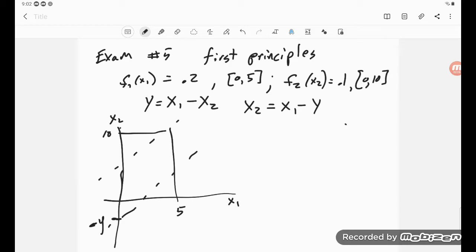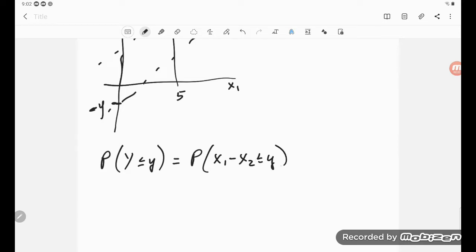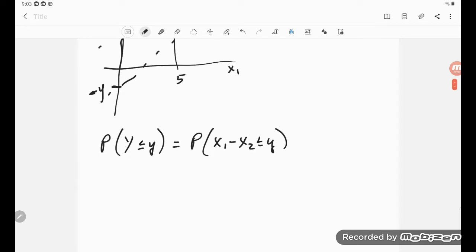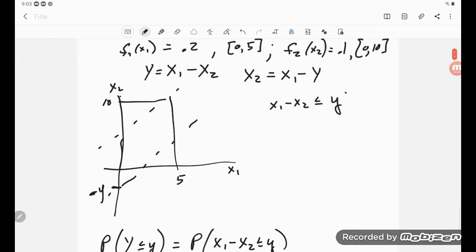Okay, and if we're looking at x1 minus x2 is less than or equal to y, because again what we want to do is first come up with this x1 minus x2 less than or equal to y, and so that will become our integral. Then what we see here is that that inequality is looking this direction. So it's all that shaded region.